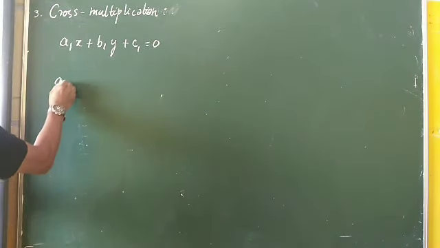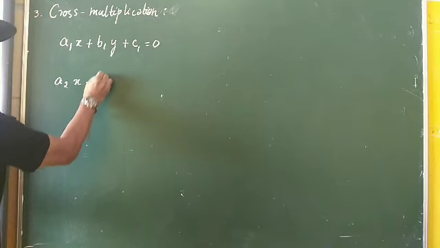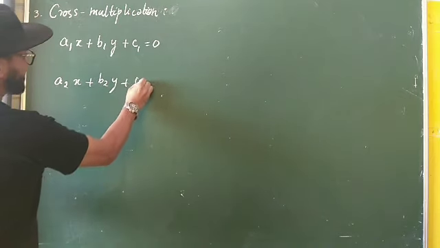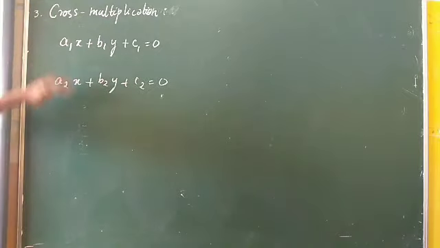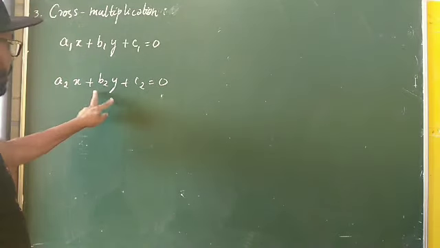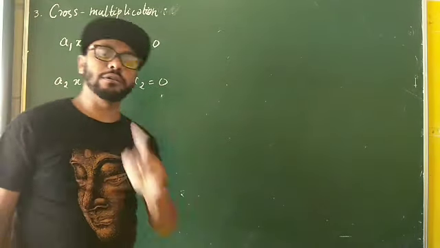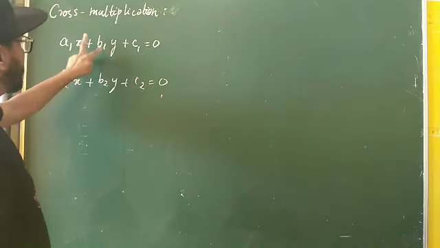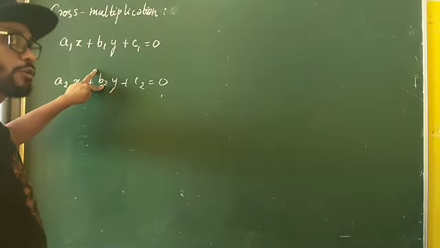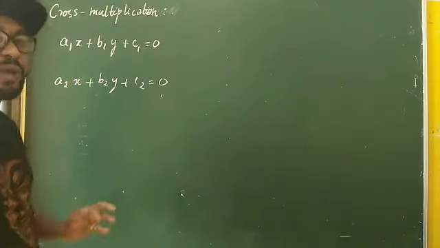Now let's take another, a2x plus b2y plus c2 is equal to 0. If you look at this, x and y are the two variables, and a1, b1, c1, a2, b2, c2 are the constants. a1, b1 and a2, b2 are the coefficients of x and y respectively.